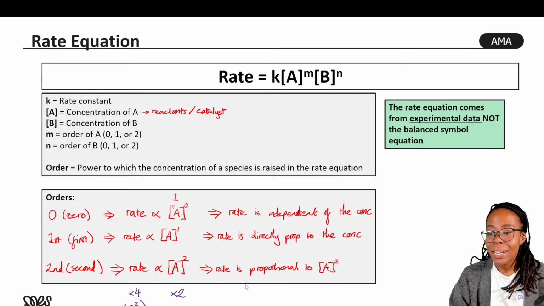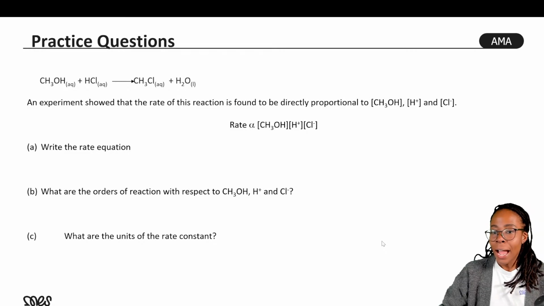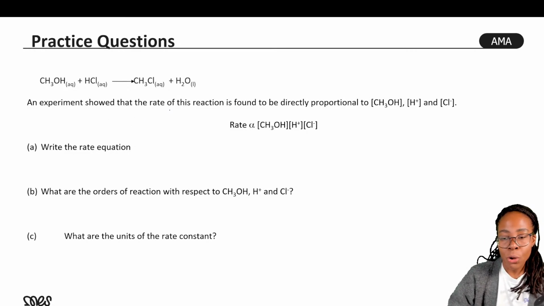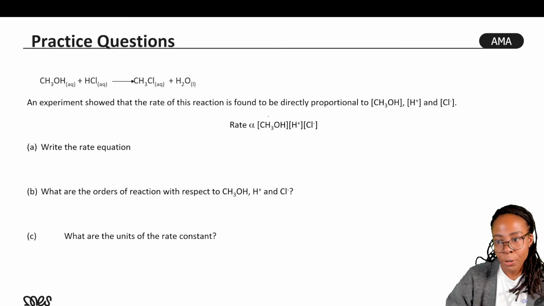Okay, so let's say a student has carried out an experiment and it showed that the rate of this reaction up here at the top is directly proportional to the concentration of methanol, the concentration of H plus, and the concentration of Cl minus. If we wanted to write the rate equation, all we're doing is removing the proportionality by including the rate constant, lowercase k.